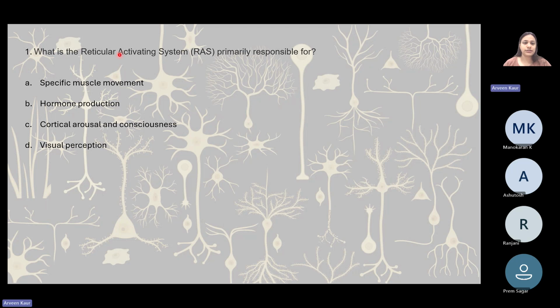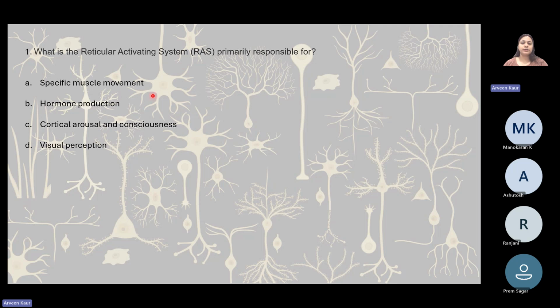The first one was, what is the reticular activating system, or RAS, primarily responsible for? In this week's lectures, sir began the discussion with this particular system, and a few lectures were dedicated to it.